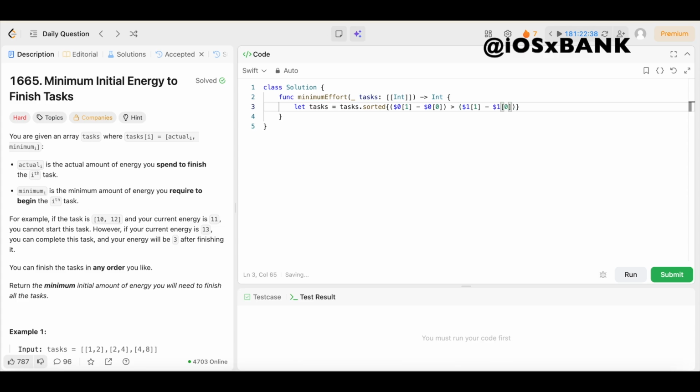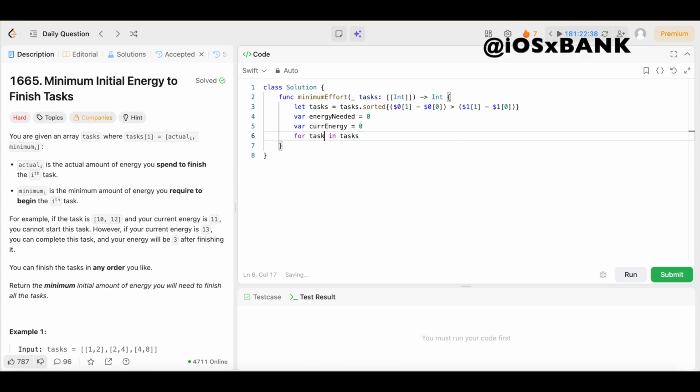Then we're going to track the total initial energy we had to add. So we're going to come underneath this, declare a variable called energyNeeded, and we'll set that equal to 0. Then we're going to track the current available energy while processing tasks by declaring a variable called curEnergy equals 0. Boom. And then we're going to process each task in the optimized order by saying for task in task.